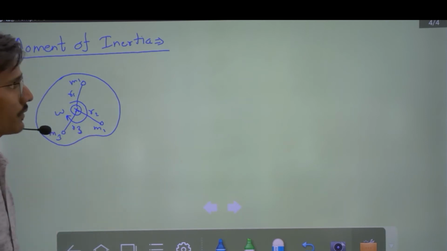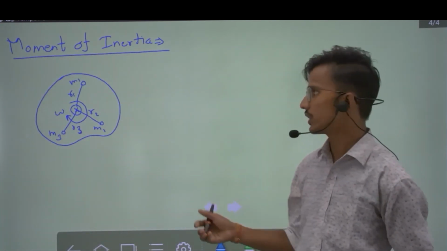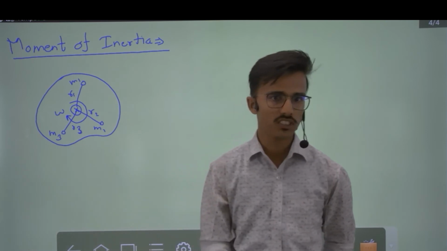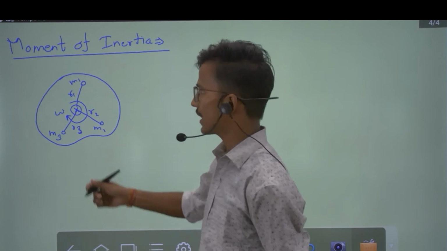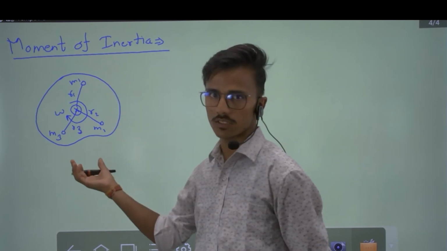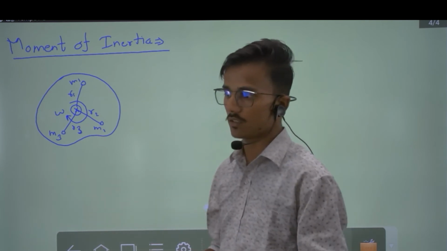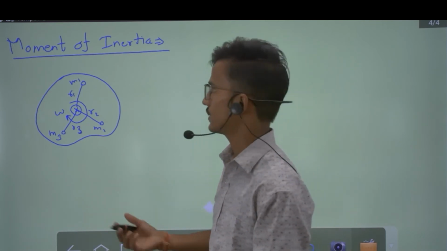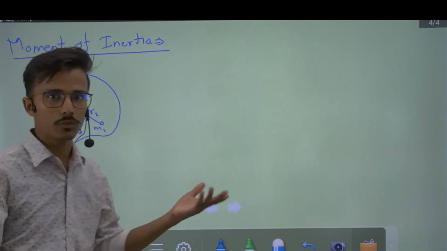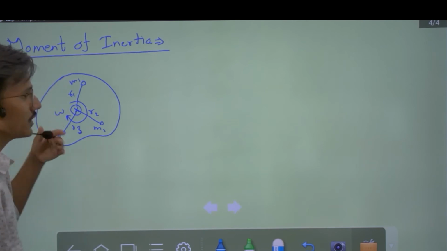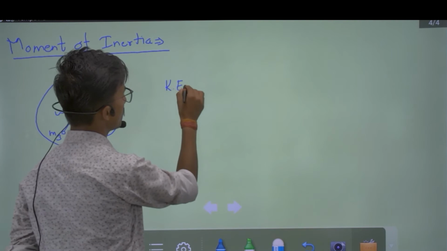Now if I write the kinetic energy of this body, there are many more masses, but I have taken only 3 masses. I can't write the infinite number of masses, because I have taken only a very small portion of mass. There will be an infinite number of masses, so I can't calculate kinetic energy for every particle. So I will calculate for 3, but you will understand. So kinetic energy will be equal to what?